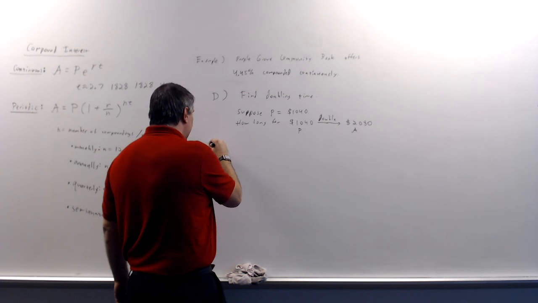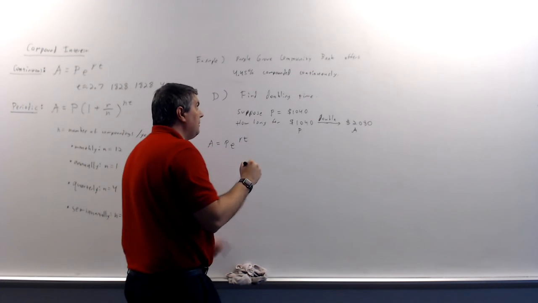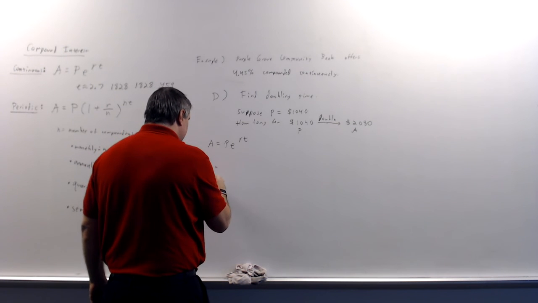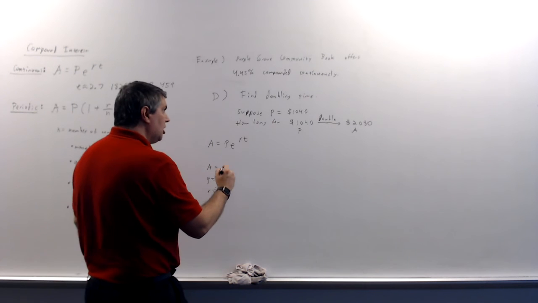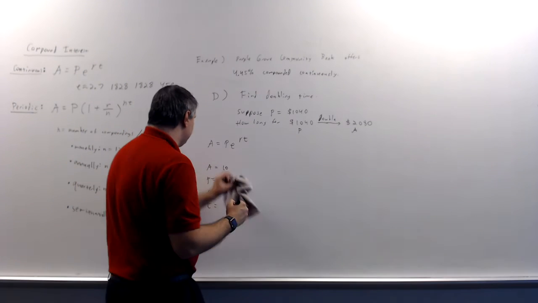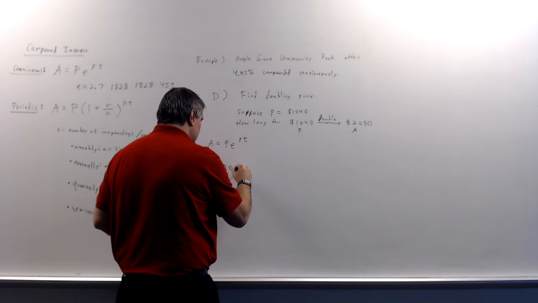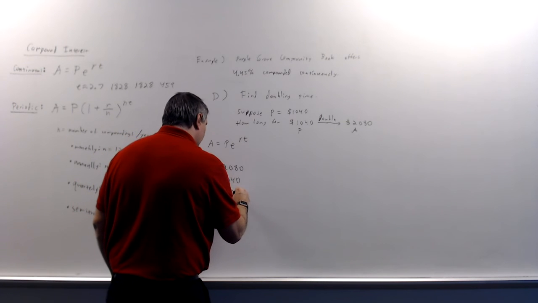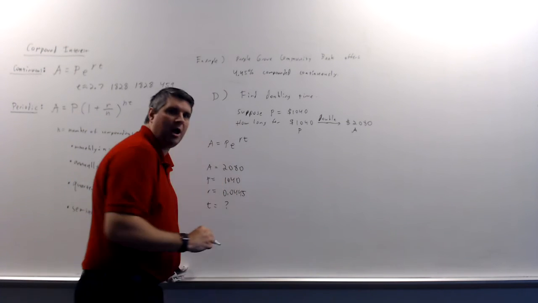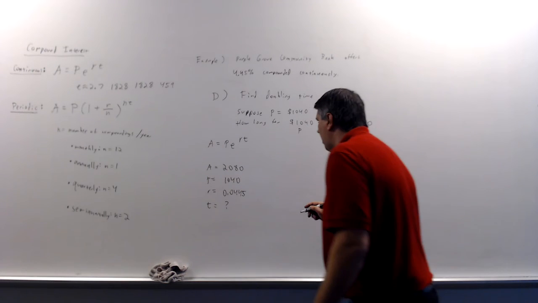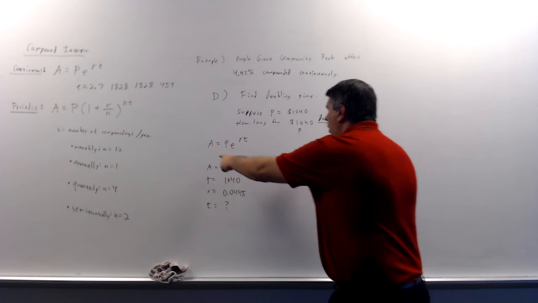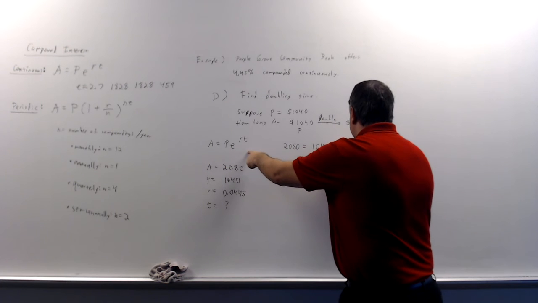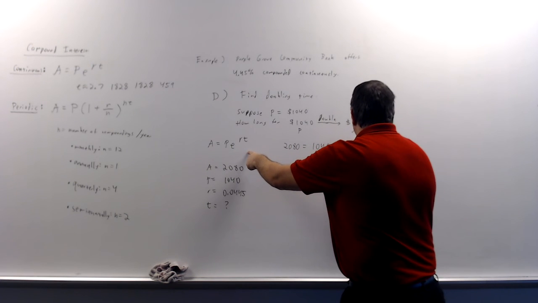Okay, so A equals Pe to the rt power because it's continuous. So how long? A equals, P equals, R equals, T equals. So A is 2,080. P is 1,040. R is 0.0445, and T is I don't know. That's the question. So I want to know how long for 2,080 to become equal to 1,040 e to the 0.0445 t power.